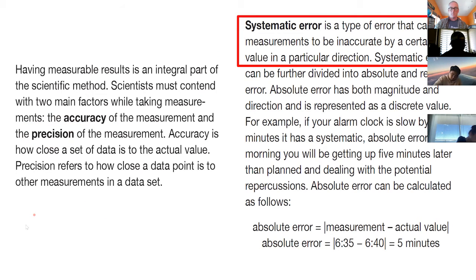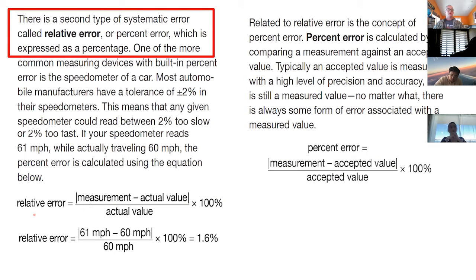Come on, here we go. So relative error is expressed as a percentage, and relative error gives you an amount plus and minus. There's a certain amount of error we expect when measuring something.